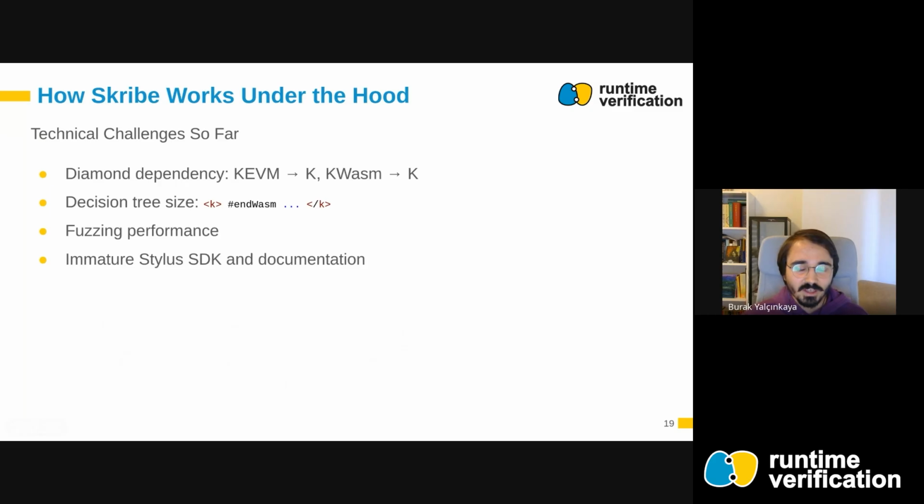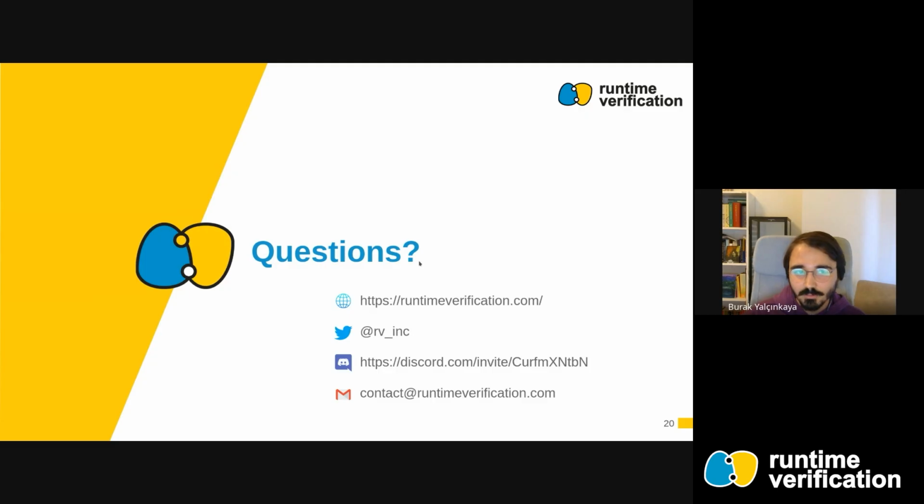In KEVM, we had some instruction names that are capital Ks, and in KWASM semantics, there were some variables with the same identifier. So we had to change the variable names in KWASM. That's the limitation of K. Yeah, that's the end of the presentation. We can take questions.